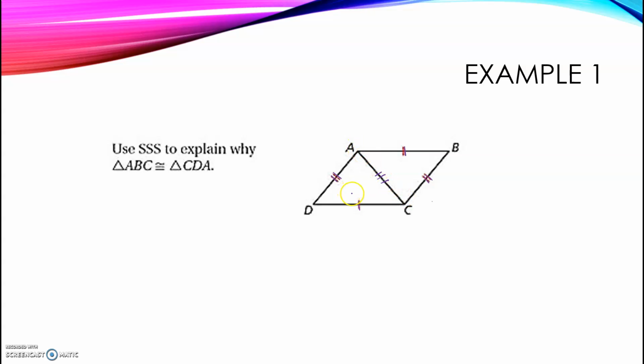AC in this triangle is the same as AC in this triangle. So you would state that AC is congruent to AC, and I know it seems silly, but what it's saying is AC in this triangle is congruent to AC in this triangle. And we would say our reasoning is the reflexive property.